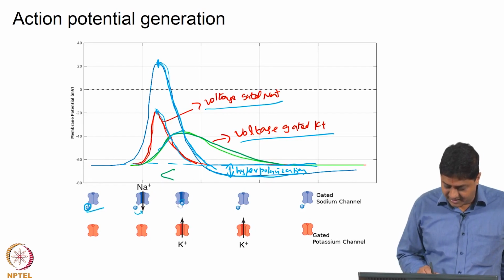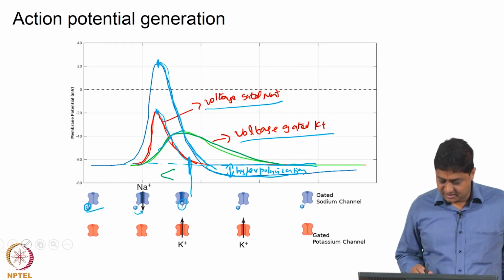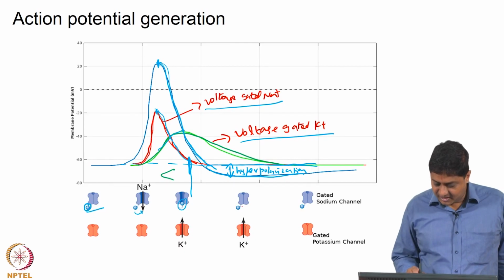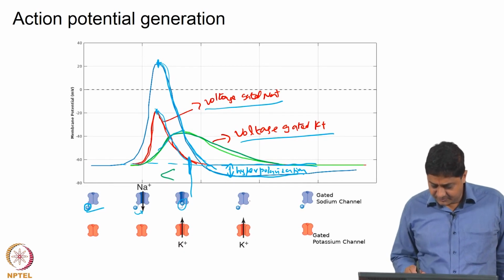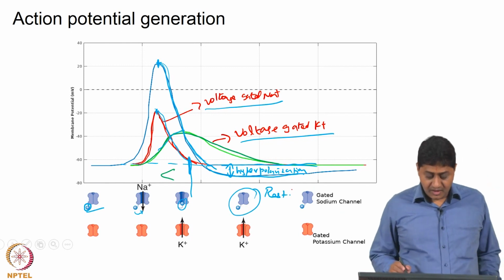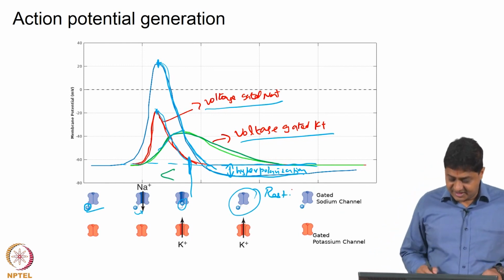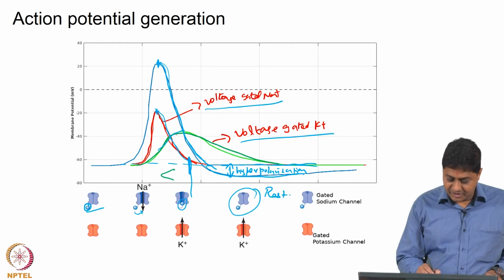That happens at around that point. The inactivation gate is closed. After some time, the voltage gated sodium channel goes back to rest state. This is the rest state. But when does the voltage gated potassium channel open? That is approximately at that point, for example.